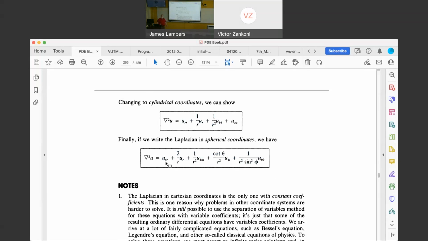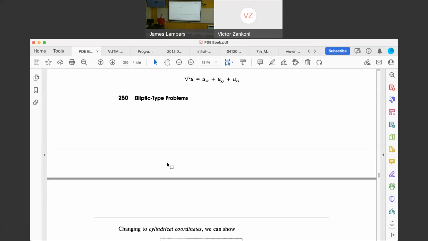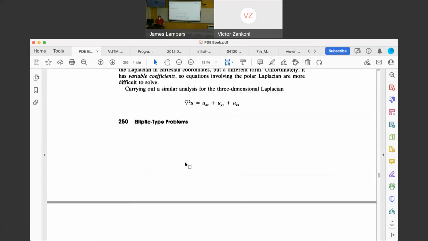So rho is equal to square root of x squared plus y squared plus z squared. Here the author uses r for both. I think one reason why a lot of people use rho for spherical coordinates is that r is just square root of x squared plus y squared. But you don't say r is equal to this in this case, this in this case. So keep that in mind, that there's a slight notation distinction.